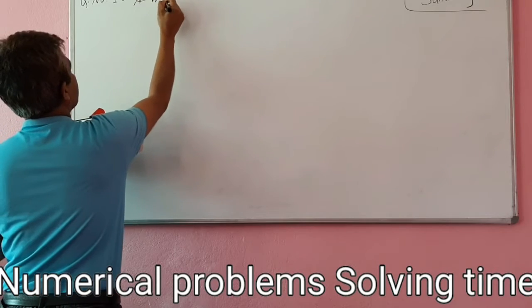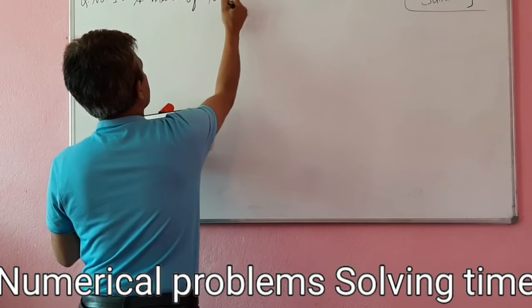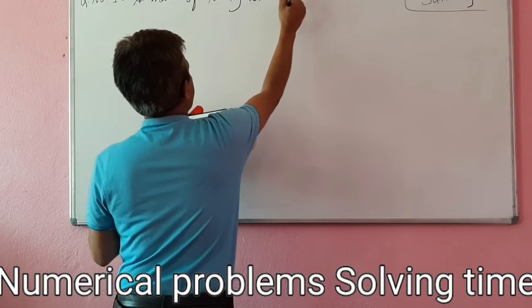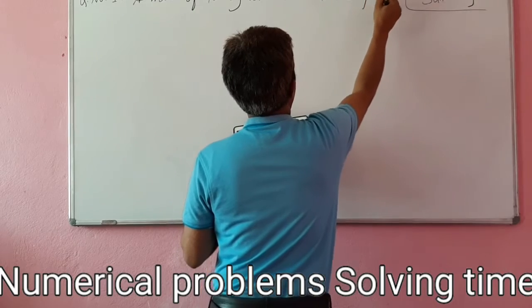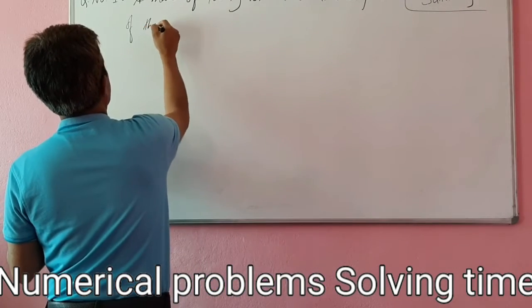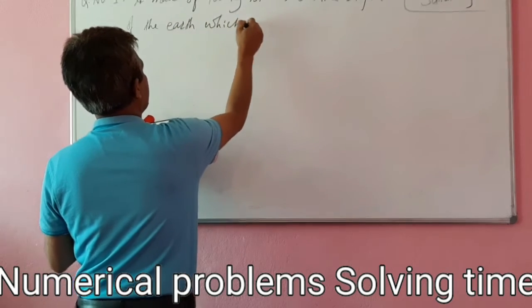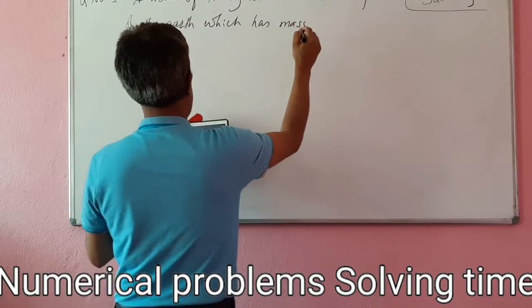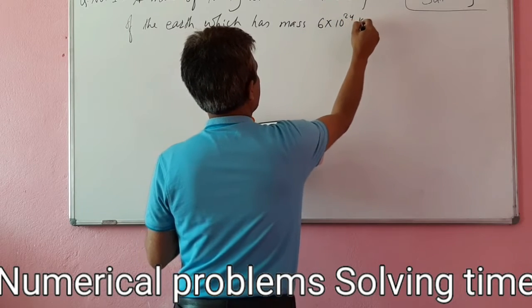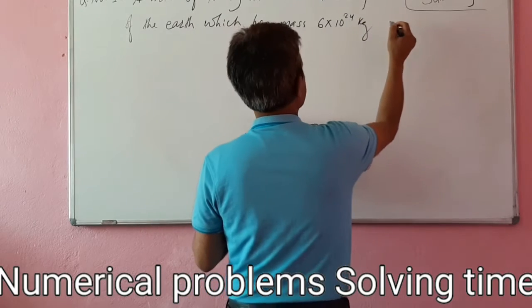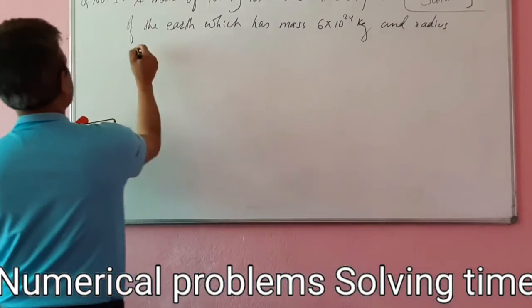A man of 100 kg stands on the surface of the earth, which has mass 6 times 10 to the power 24 kg and radius 6,400 kilometer.